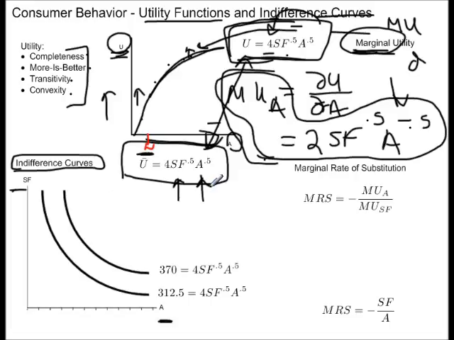Now notice, if we jump over here, we've got a couple of different indifference curves. I calculated some values, right? What if your utility was 312.5? Or what if your happiness was 370? These lines show me all the different possible combinations of star fruit and apples that produce utility of 312.